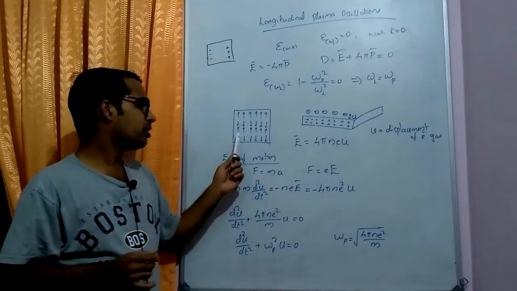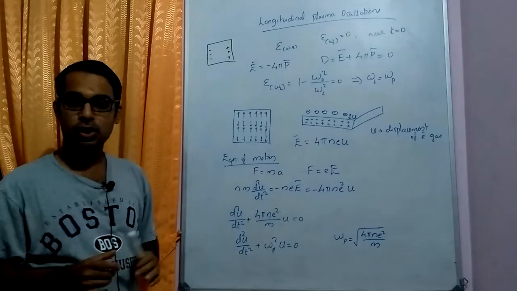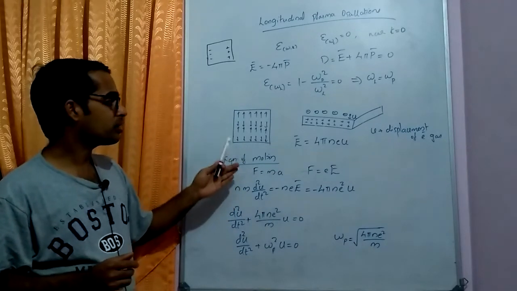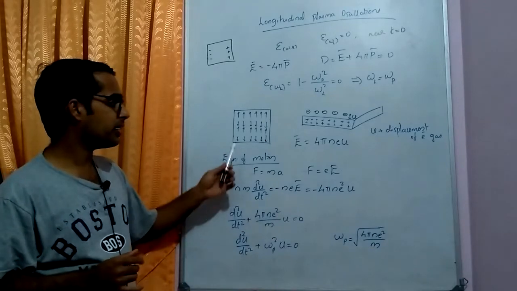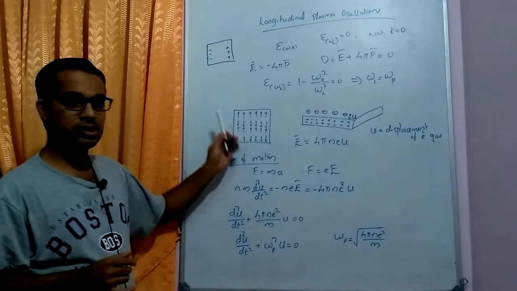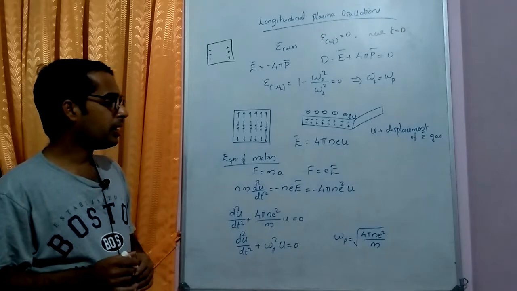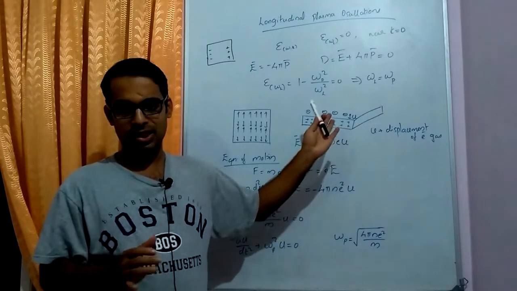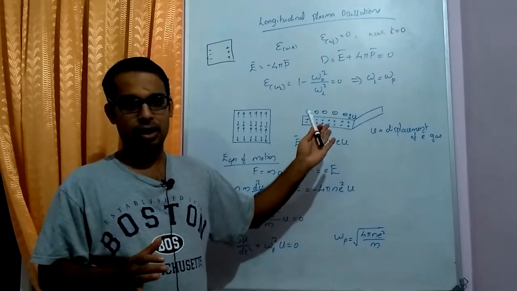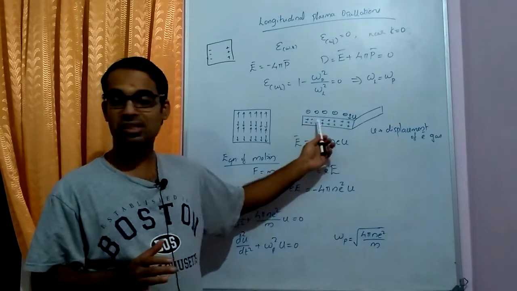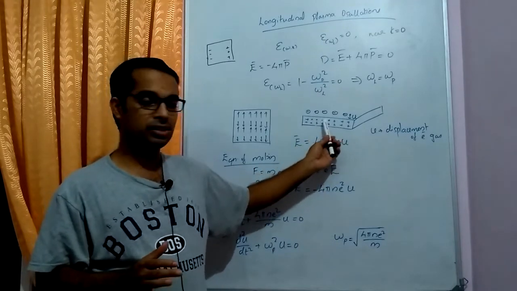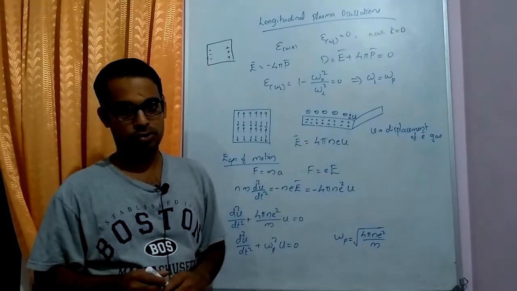This is the representation of the electron oscillations inside the medium, the longitudinal oscillations. We can represent it using this figure, and consider this as a metallic slab. This represents the cross section of the metallic slab, where these positive charges represent the ionic cores.